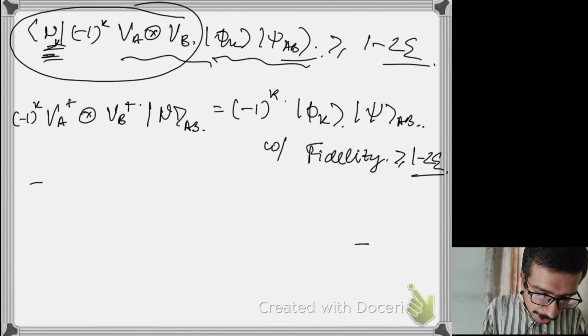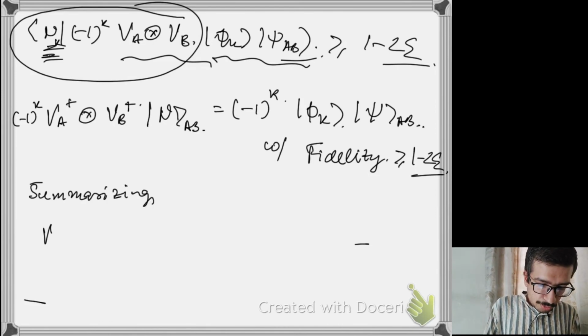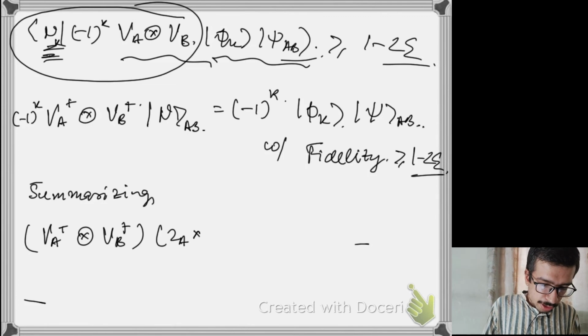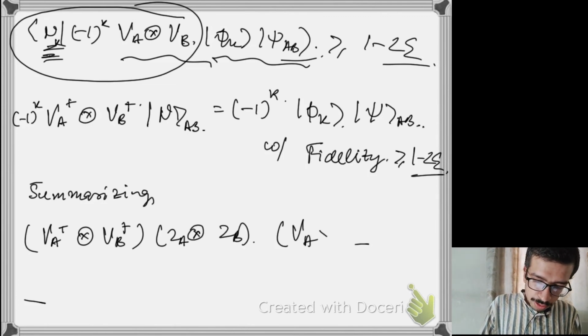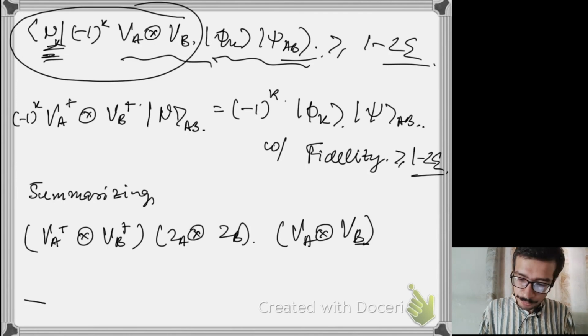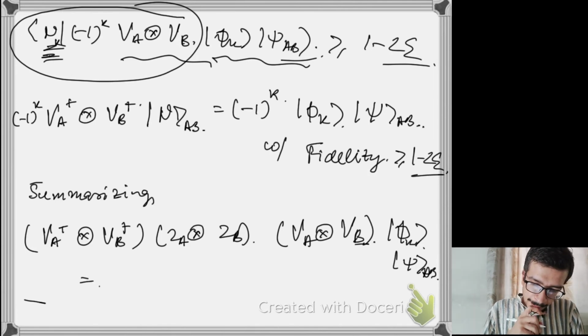So overall, summarizing, what we get is V_A† ⊗ V_B† times Z_A ⊗ Z_B times V_A ⊗ V_B on φ_k ψ_AB, right?